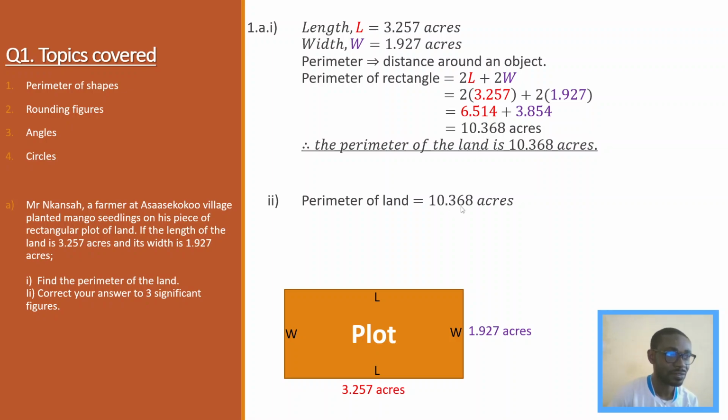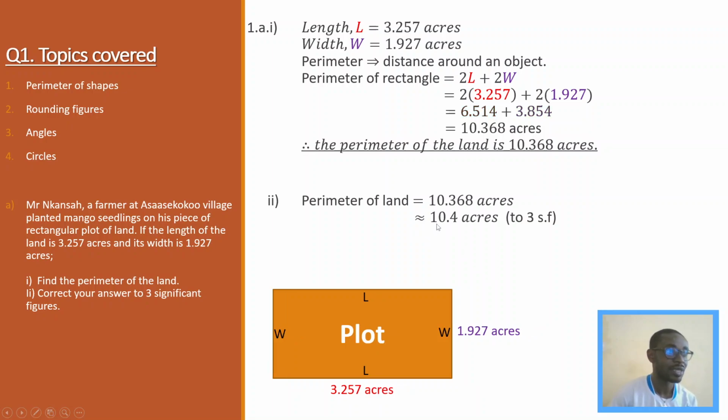But then after that, the next number that comes is 6. 6 is more than 4. So once 6 is more than 4, it means that we have to add 1 to this 3 to make it 4. That means if we are correcting 10.368 to 3 significant figures, our answer is going to be 10.4. Remember, this 6 was more than what? 4. So we have to add 1 to this 3 to make it 4.